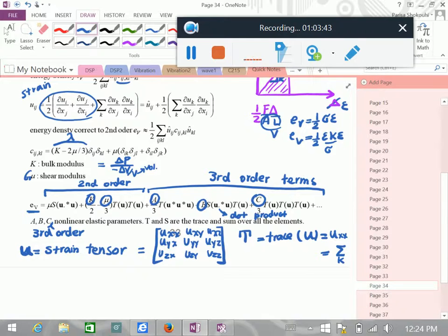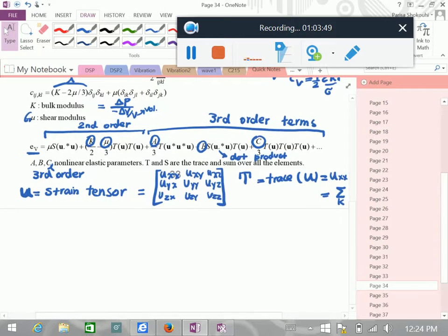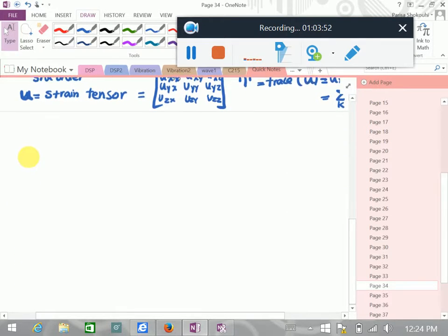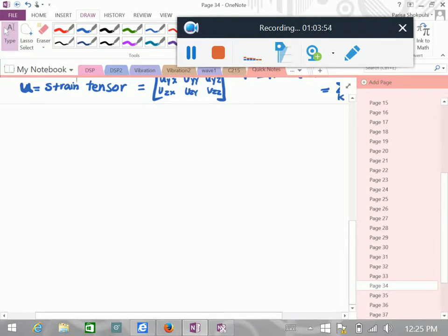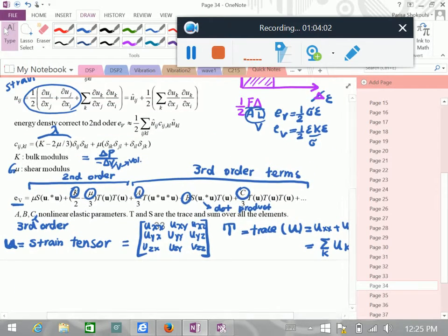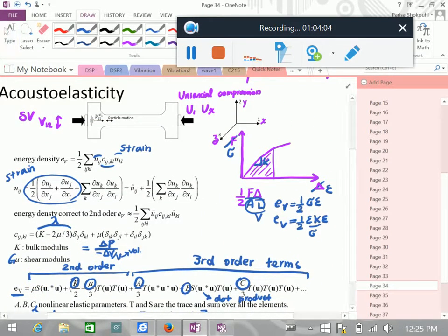Okay, now we are ready to look at acousto-elasticity. I continue here. You have a blank page maybe afterwards. Now, let's look back at the problem that I introduced to you. We have this kind of problem where you are pressing the sample just like we did, and you are measuring p-wave velocity parallel to the sample.